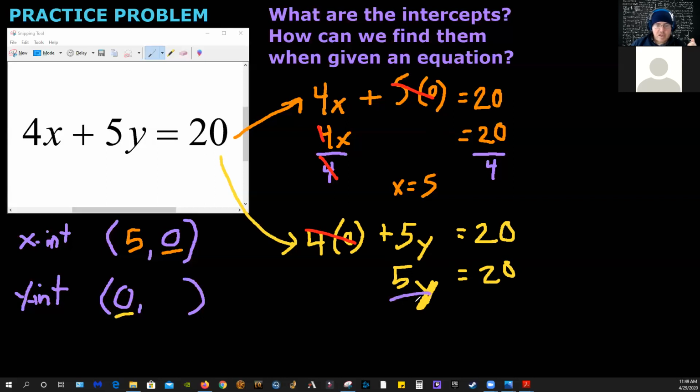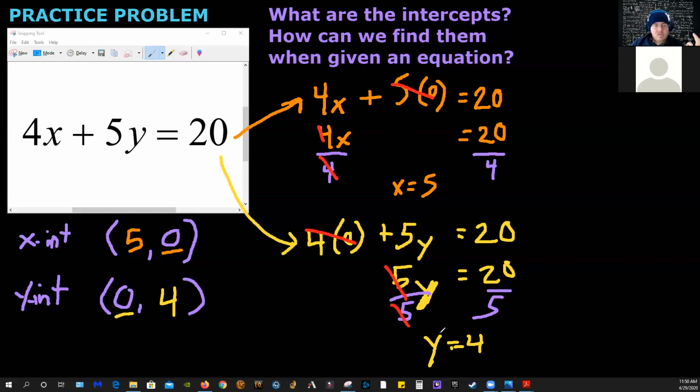We can divide both sides by 5 to find out that y equals 4. Because anything divided by itself is equal to 1, and 1y is the same as just saying y.